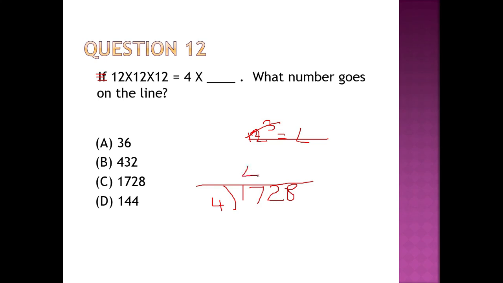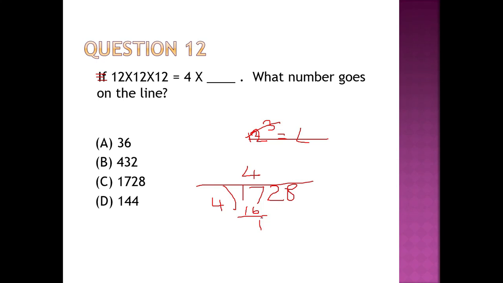4 into 17. Guys, remember we did long division before. You remember the principle. When the divisor is greater than the first digit in the dividend, we focus on the first two digits, right? So we have 4 times 4, that's 16.